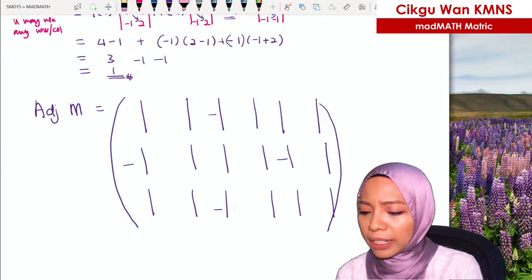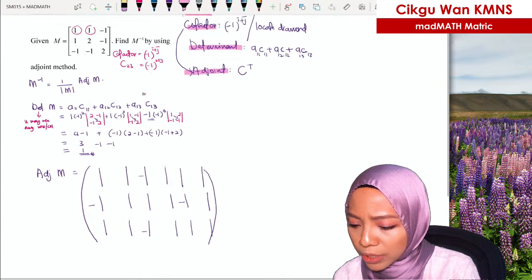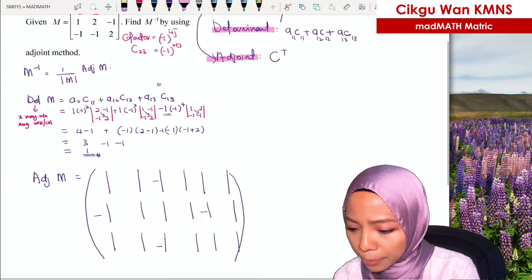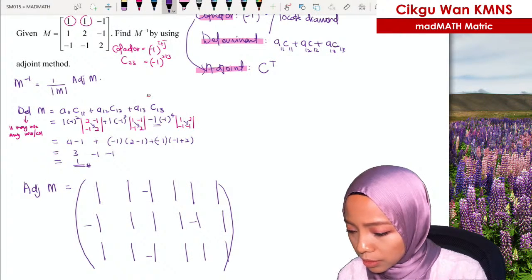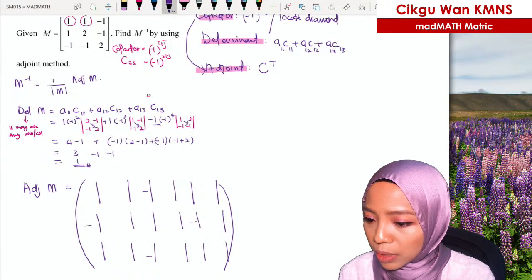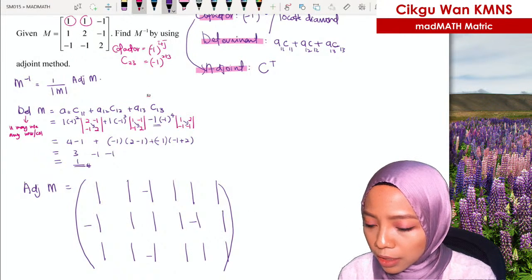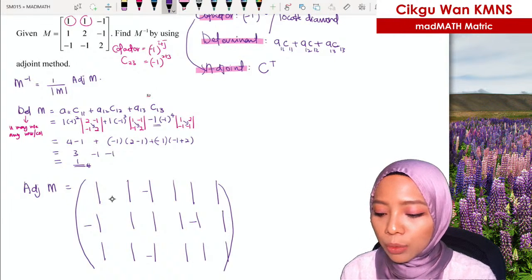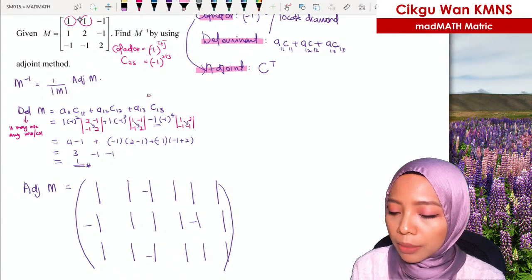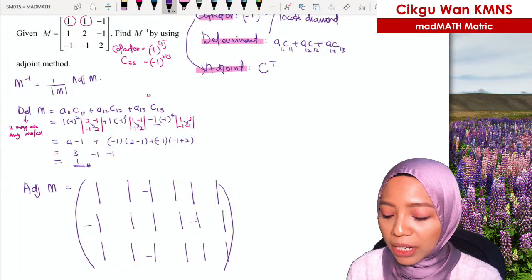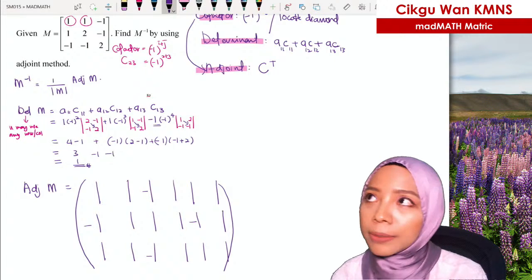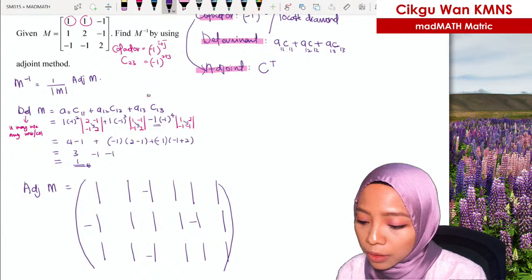Alright. So, mari kita masukkan nilai. I zoom out sikit sebab I nak masukkan. I tak nampak nanti. Later on, I akan zoom semula. Okay. So, I masukkan. 1. Okay. Bila kita nak masukkan dalam ni, adjoint. Bila kita nak masukkan dalam ni, okay. Adjoint adalah cofactor transpose. Okay. Cikgu jangan tulis, how do I say?